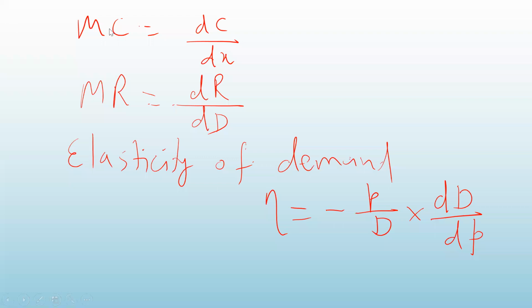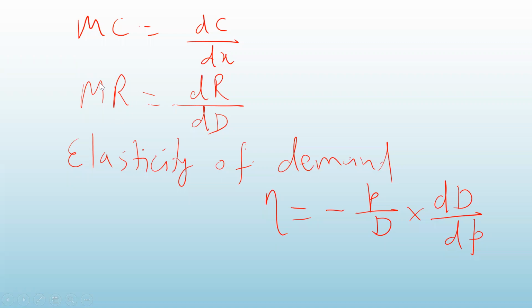So the rate of change of cost with respect to the number of items produced, that is called as a marginal cost. Now, what is the meaning of rate of change in terms of mathematics? It is the derivative. So marginal cost is derivative of C with respect to X. So the first application which we have seen, we have solved some problems also on that. Find the marginal cost at a given point.